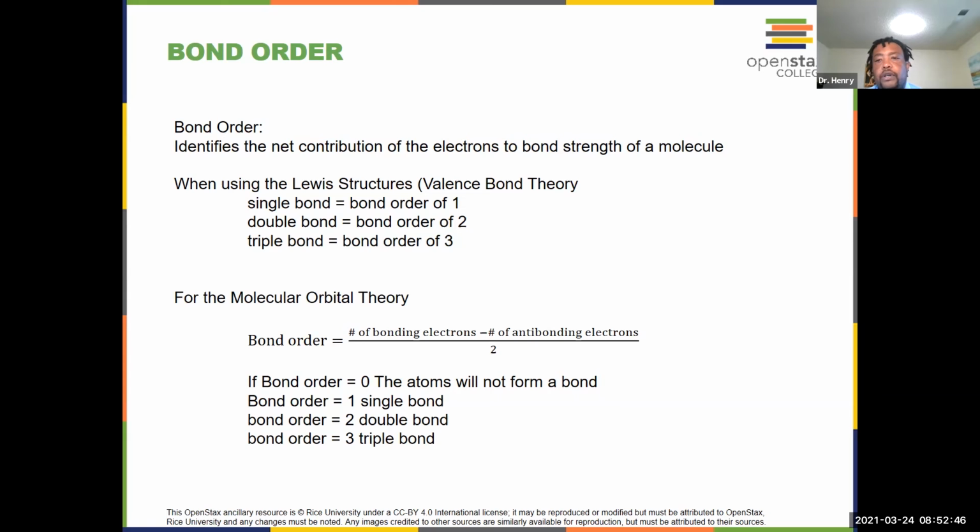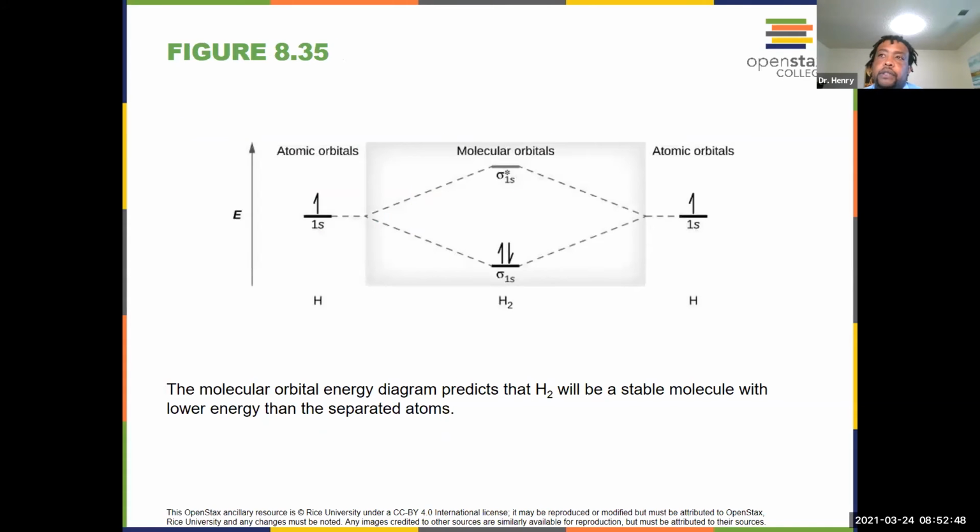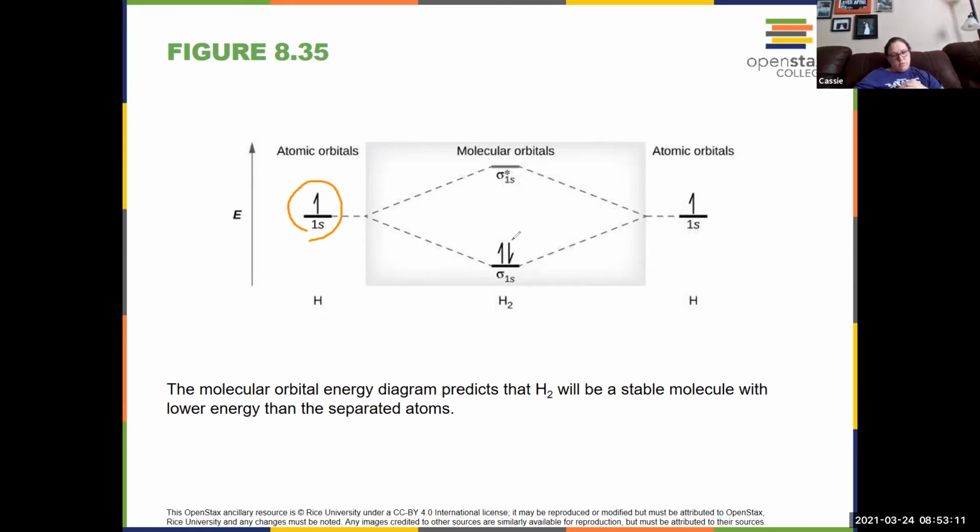Okay, so let's go with hydrogen. How many bonding electrons do we have? 1. So we're talking about the molecule itself, which is diatomic, so sorry, there's 2.